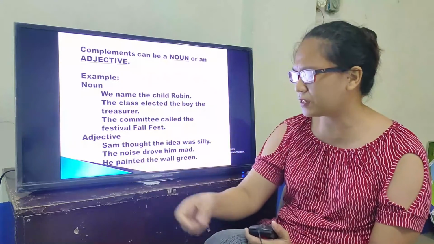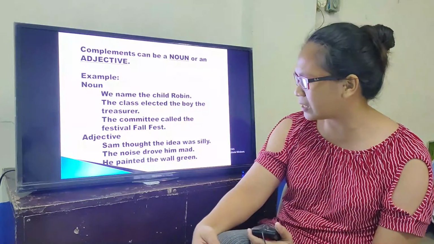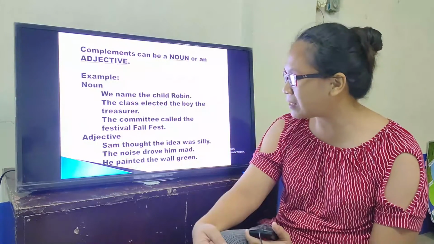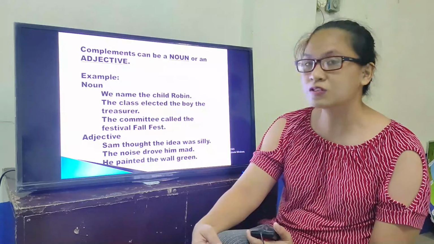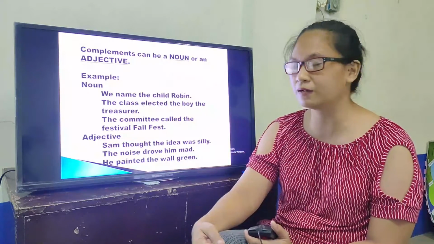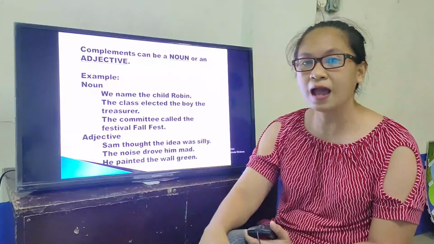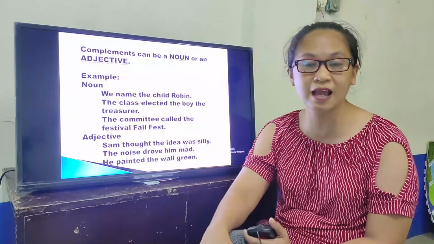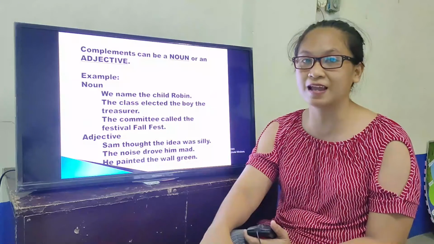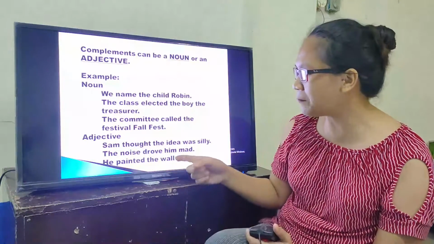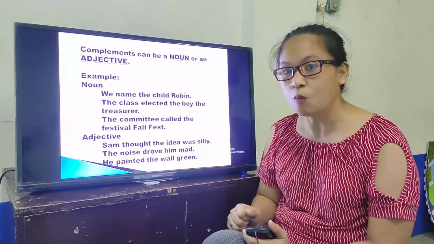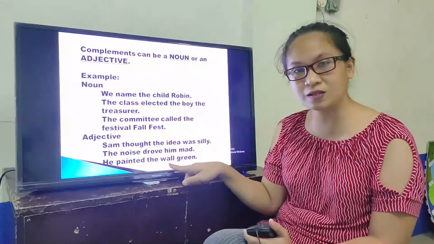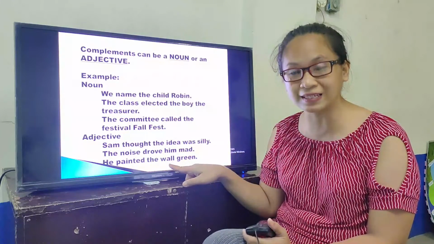All right, now what about this one? He painted the wall green. Again, he painted the wall green. So where's the subject? Okay, the word he. And what about the word painted? Good job. So that is an action word and that is a verb. Now what about the direct object? What did he paint? Okay, the wall. So this one is the direct object.